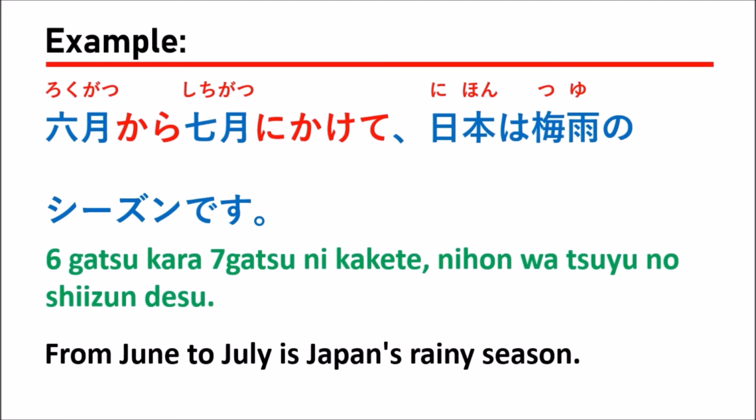That means they say 6月から7月, which means from June to July, during that time is the rainy season in Japan. So you can use the grammar of nani nani kara nani nani ni kakete, and in that situation you explain what happened in the range of that time.